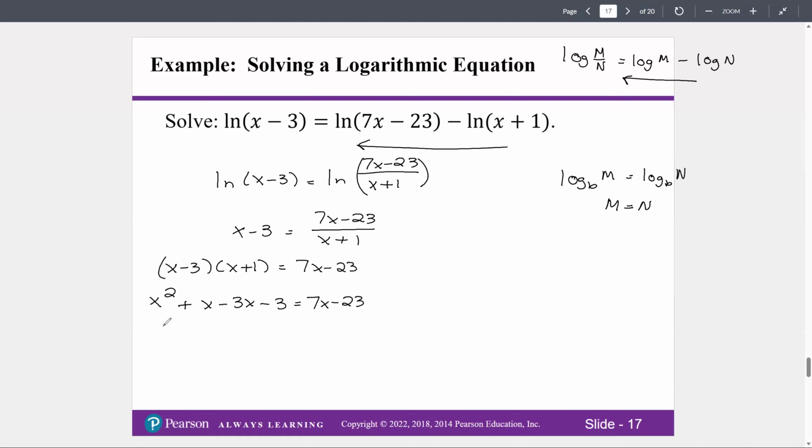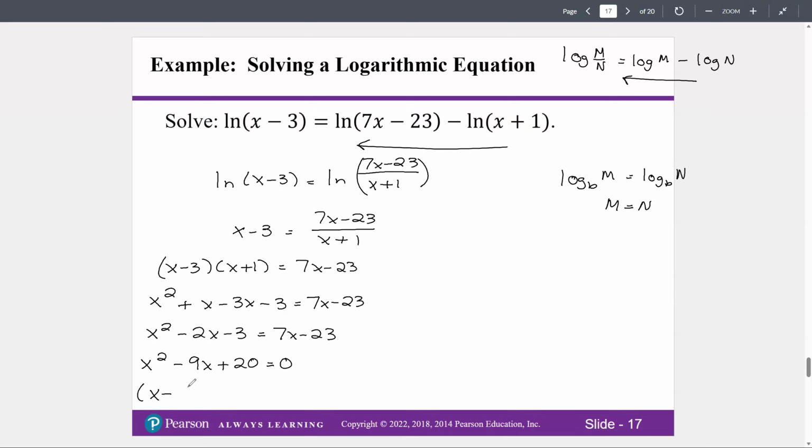So you can see you're going to end up with a quadratic again. So this is just x squared minus 2x minus 3 equals 7x minus 23. If I subtract 7x, that's going to be x squared minus 9x. And if I add 23, that's going to be plus 20 equals 0.